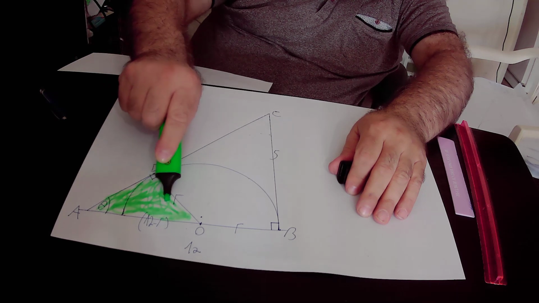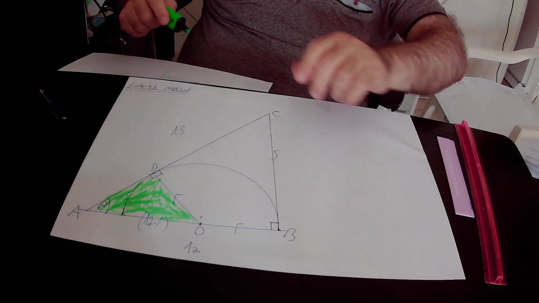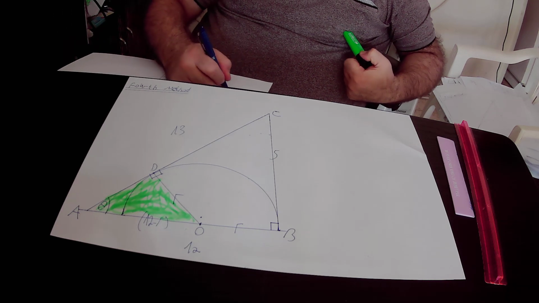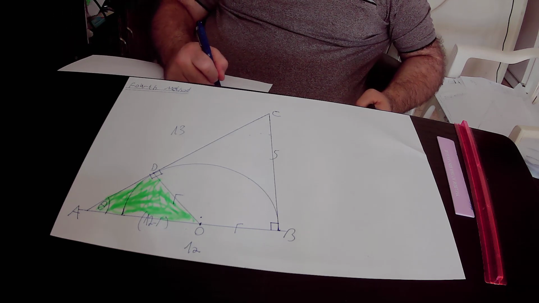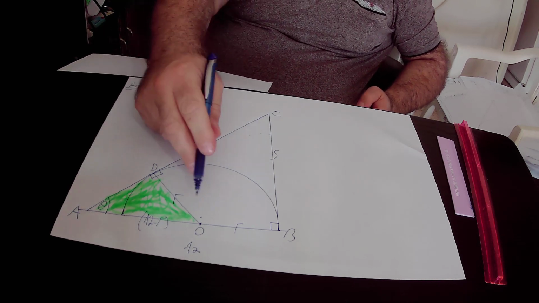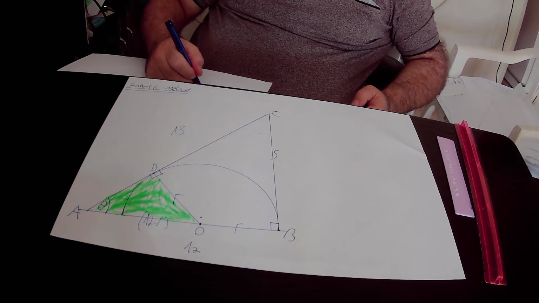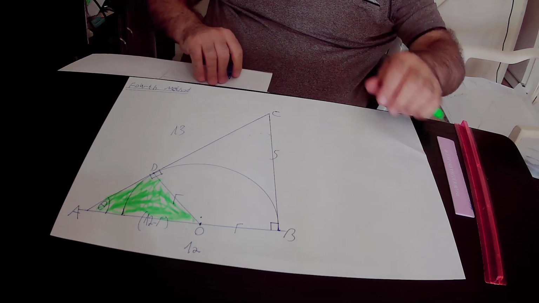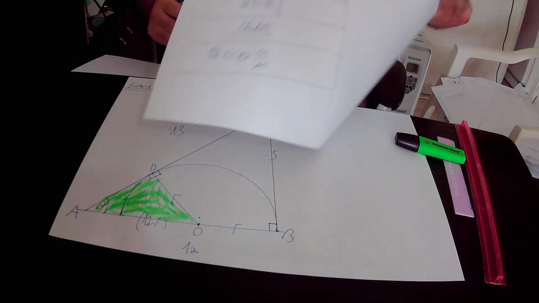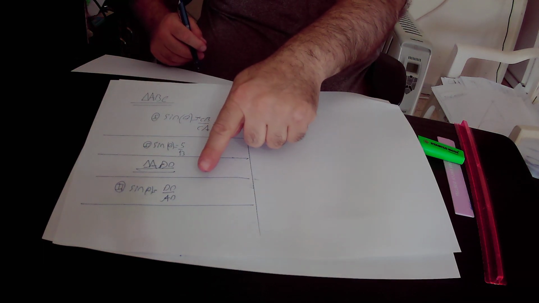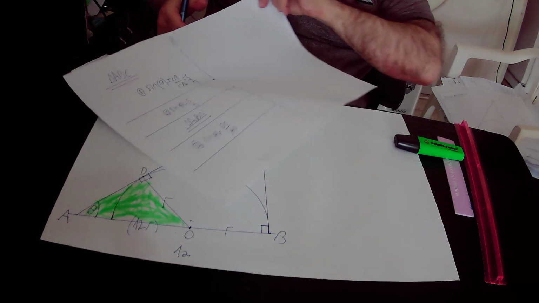In the green triangle, triangle ADO, sine theta will be equal to DO over AO. Again, in the green right triangle ADO, sine theta equals DO over AO.